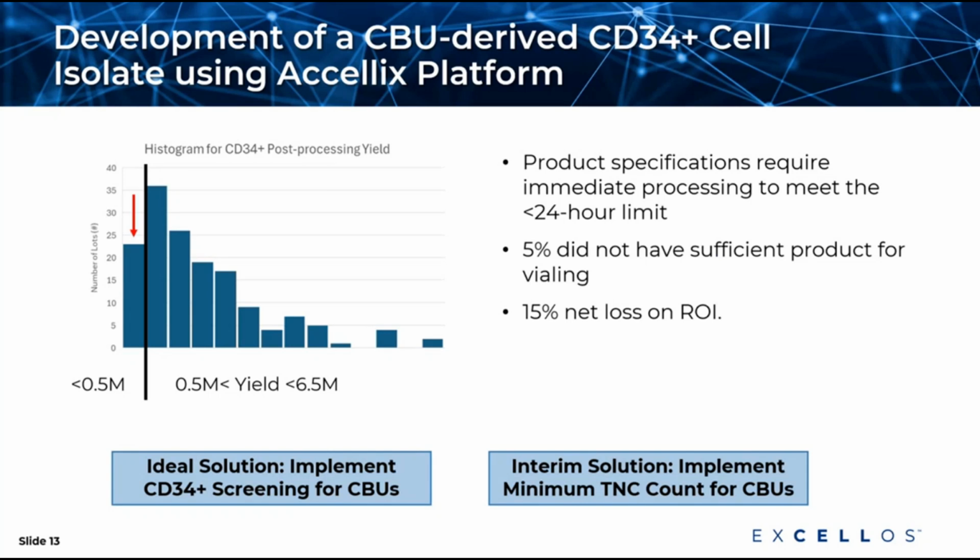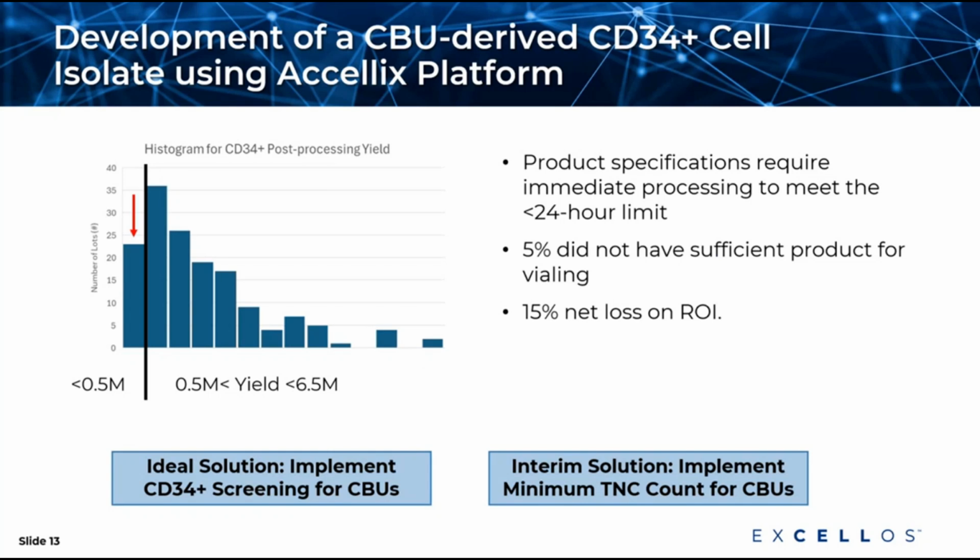Why? We didn't really have a lot of insight into how many CD34 plus cells were actually present, which is something that we think in an ideal situation we'd have upon receiving these to inform our manufacturing decisions.